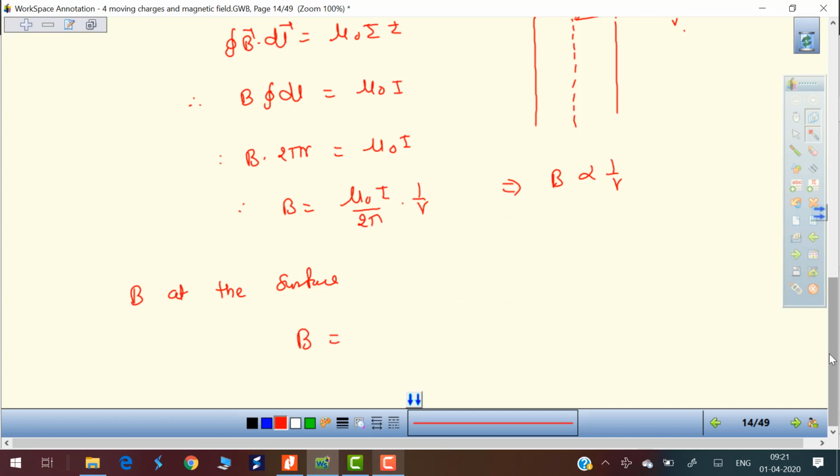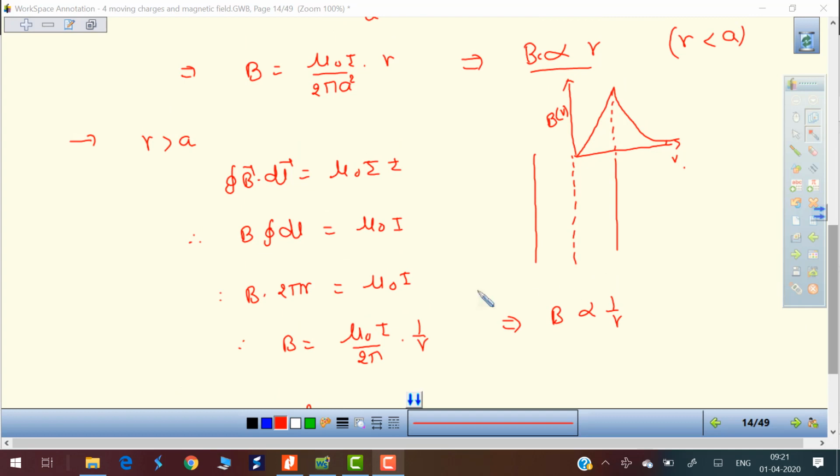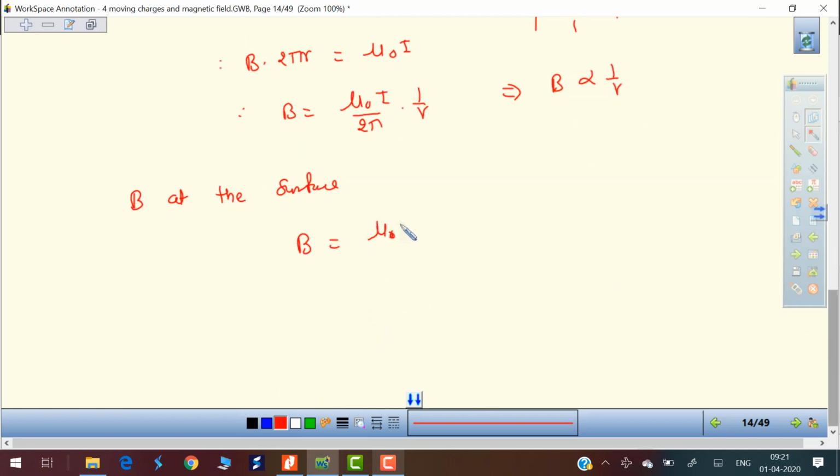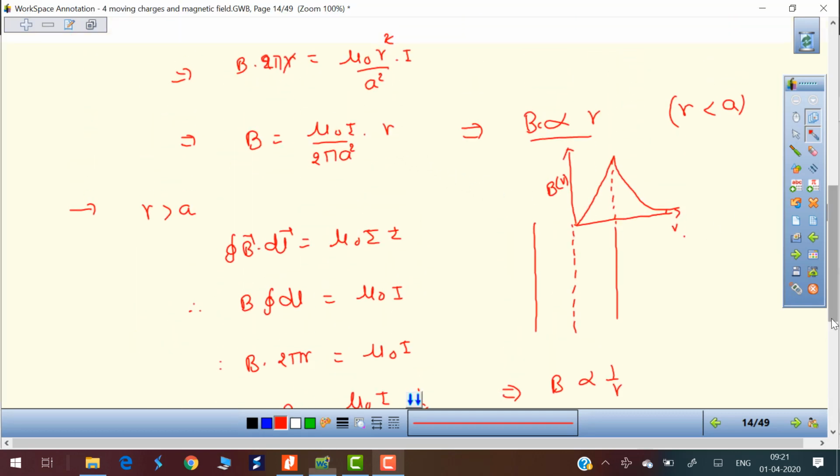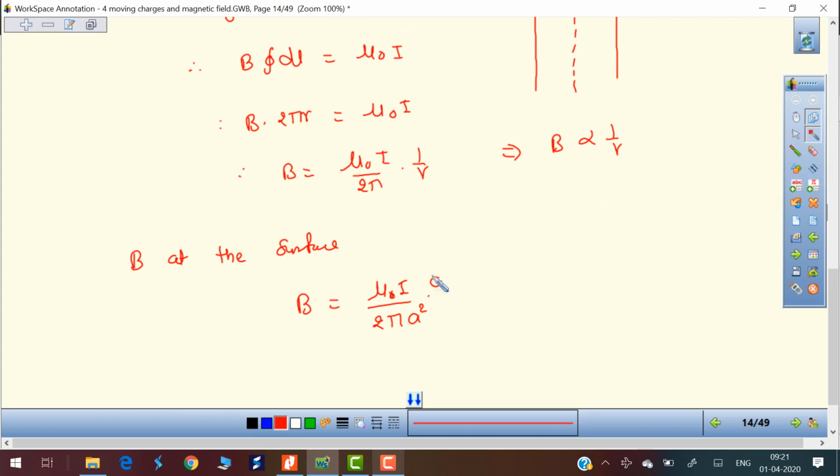If I use the first equation, then mu 0 I upon 2 pi A square into R. So R is equal to A. One A is cancelled out.